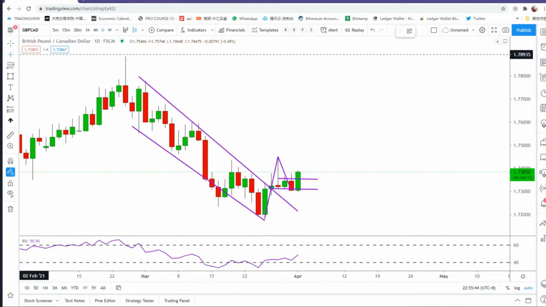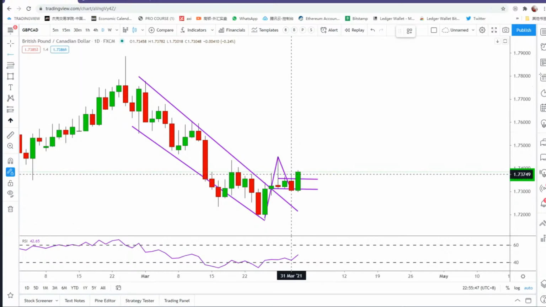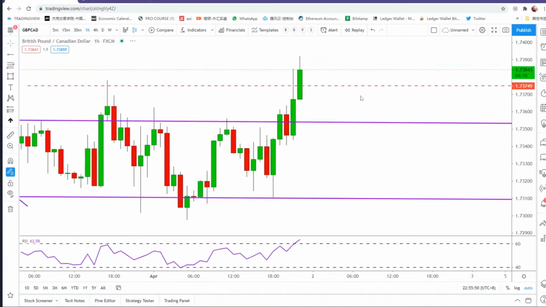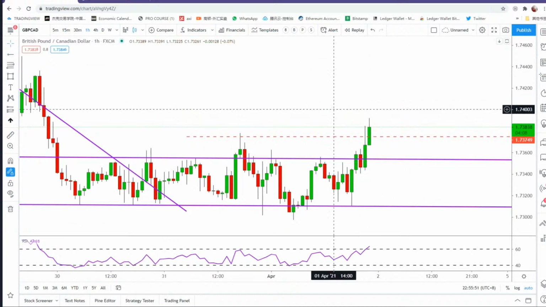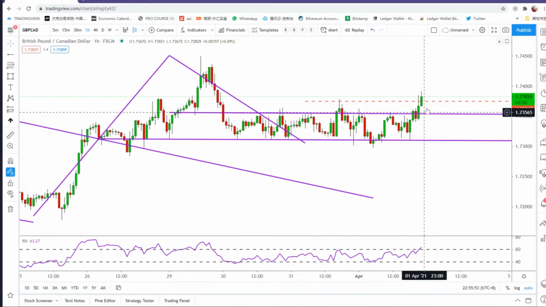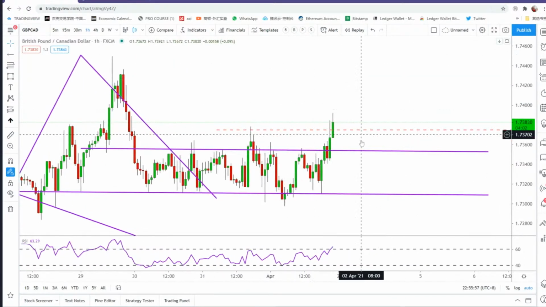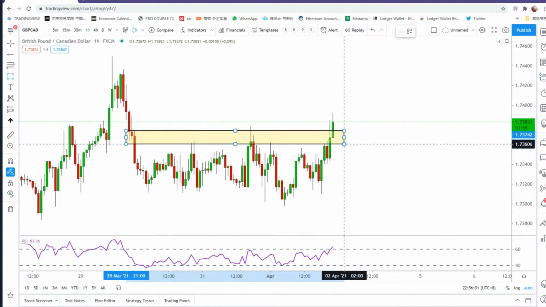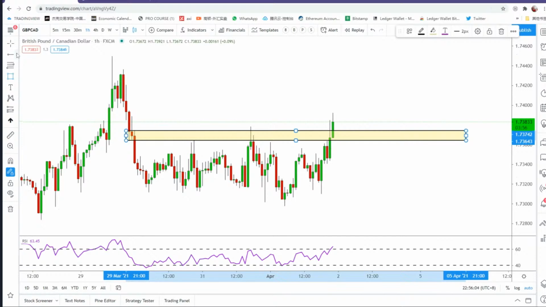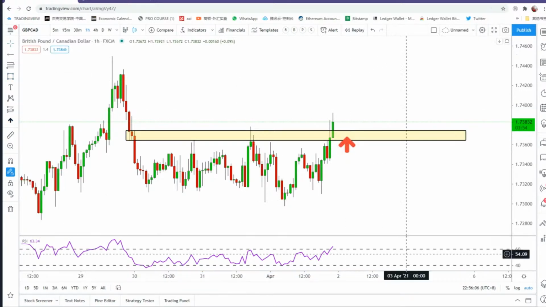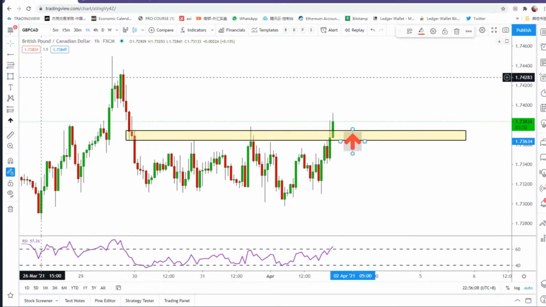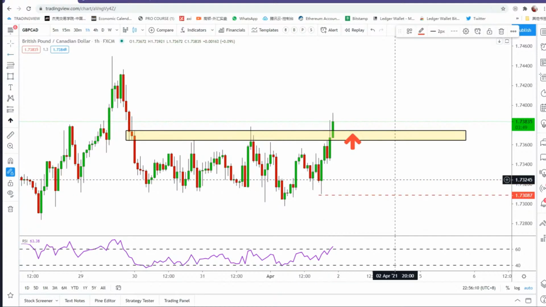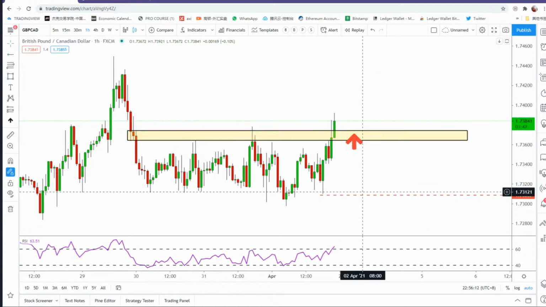So our task will be, if you look here, the sterling Canadian just broke up in the recent hour, right? So now it comes to your trade practice. If you use this as a neckline here, you can buy the sterling Canadian. You can just set your stop loss below this pin, which is about 80 pips, right?